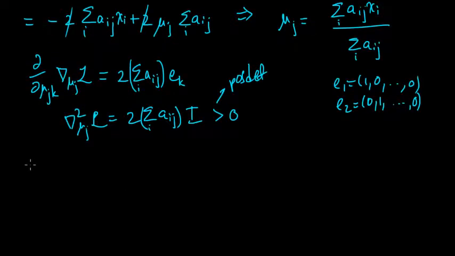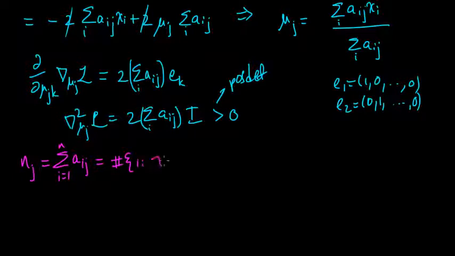Let's call it nj: the sum as i goes from 1 to n of aij equals the number of i such that xi is assigned to the center j.